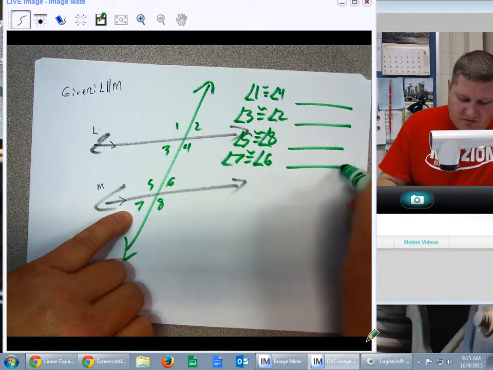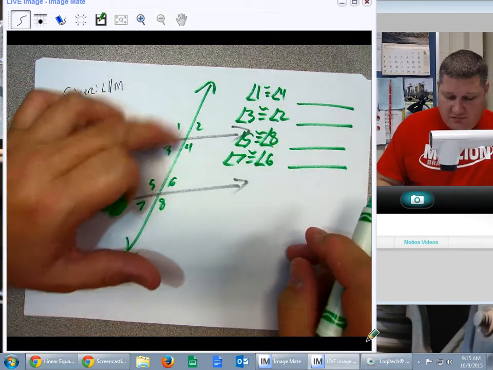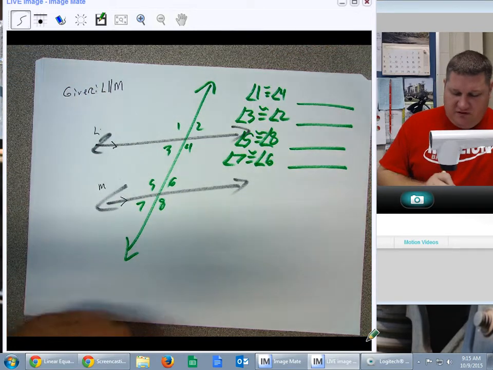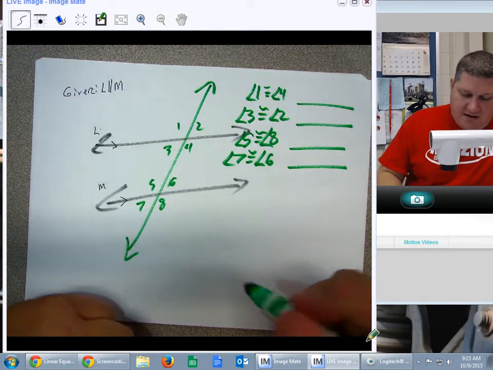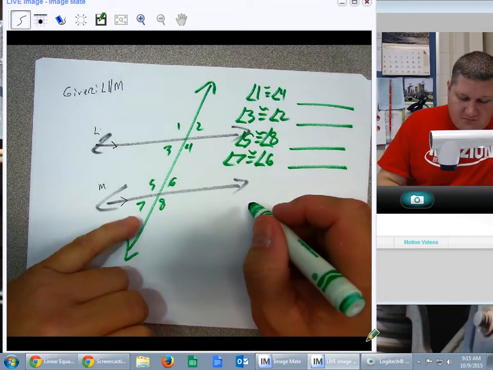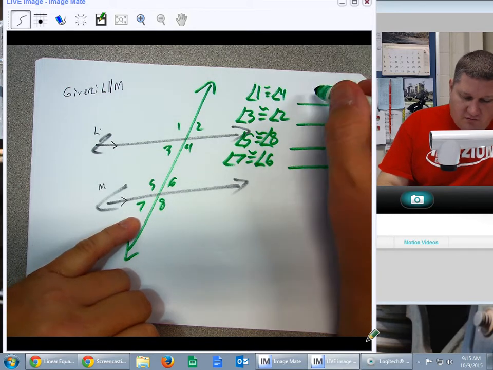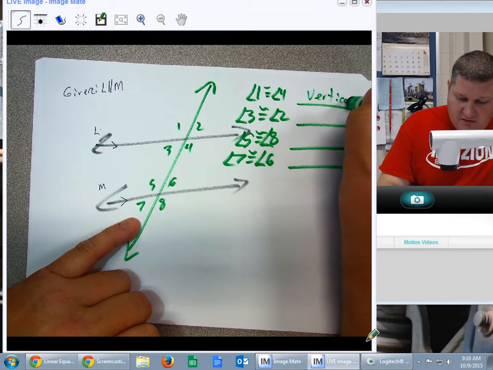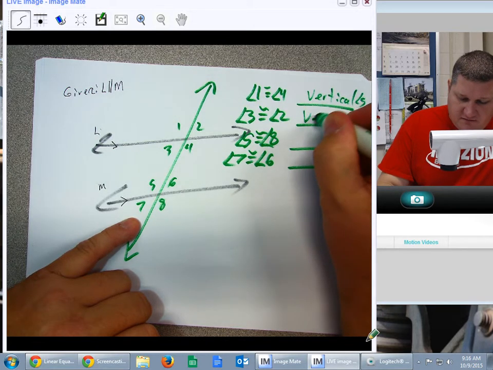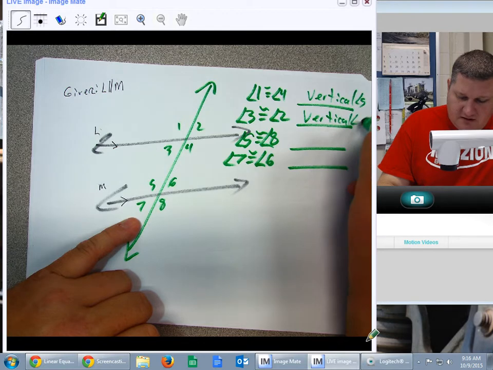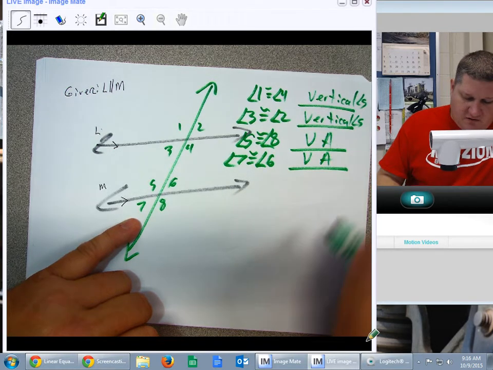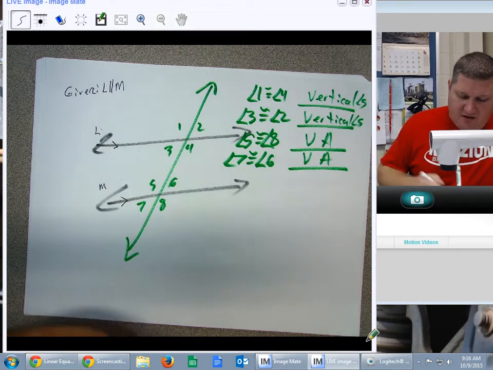You need to give me a reason. So 1 to 4, 3 to 2, 5 to 8, 7 to 6. That is what you need to give me a reason for. Now, moving on. Well, by the way, these were vertical angles, and vertical angles.